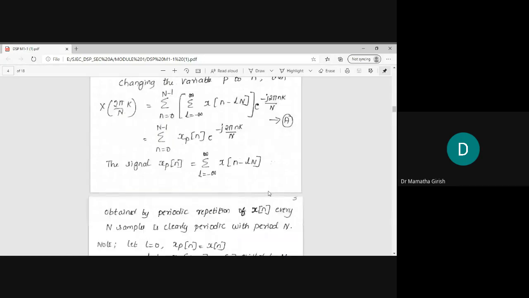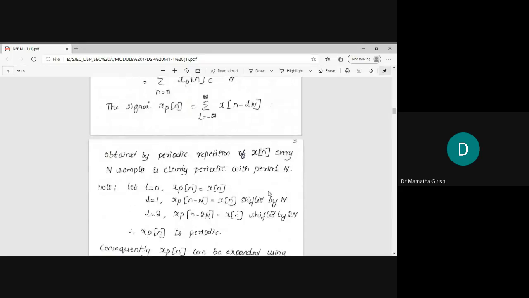What exactly xp of n denotes is nothing but the periodic repetition of x of n. It's found that x of n repeats itself periodically for every interval of N samples. That periodic repetition of x of n is represented as xp of n.